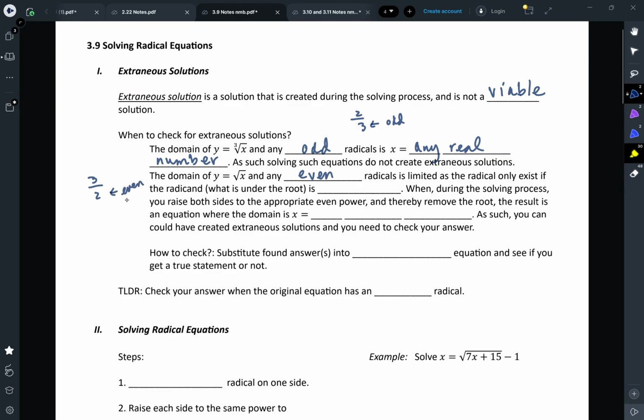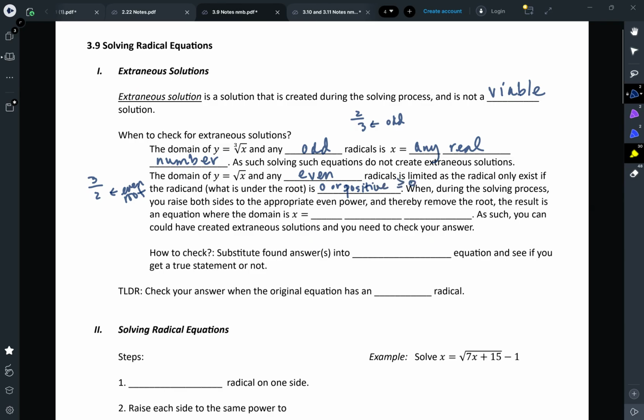So something like a square root, a fourth root, any of those are what we're talking about. The domain is limited, as a radical only exists if the radicand, what is under the root, is greater than or equal to 0. So we can only take a square root if we have something greater than or equal to 0. So we could say 0 or positive, or we could say greater than or equal to 0.